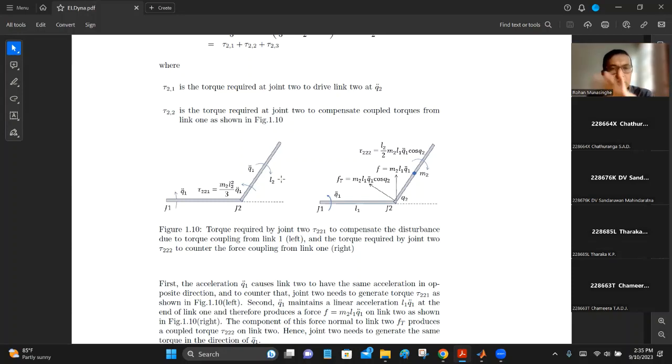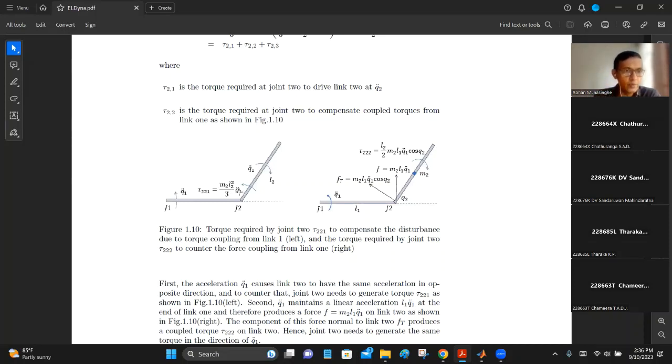When I say locking this joint, it means that the joint has to produce the opposing torque to keep the second link from tipping over like that. So this torque on link 2 is its inertia, M2 L2 square over 3, times the acceleration.